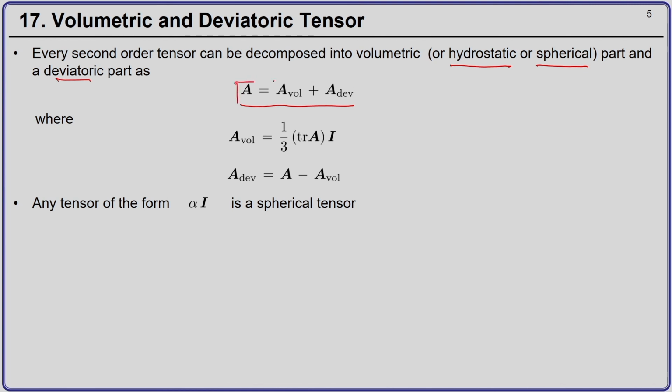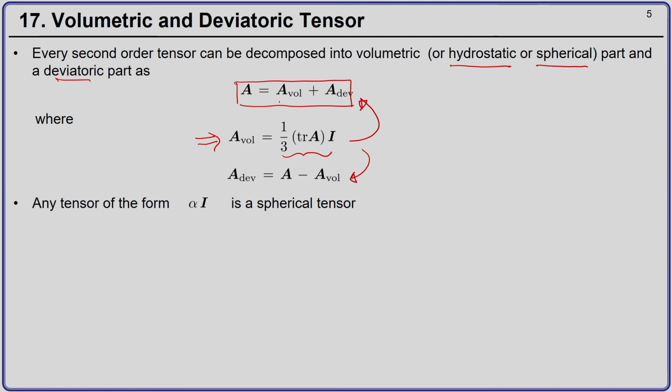As you can see from this equation, a second order tensor A can be written as a volumetric part A subscript VOL, where VOL stands for volumetric, plus A subscript DEV, which is short for deviatoric. Now, the volumetric part is given by 1 by 3 trace of A into the second order identity tensor, and using this expression, we can get the deviatoric part, which is given by A minus the volumetric part.